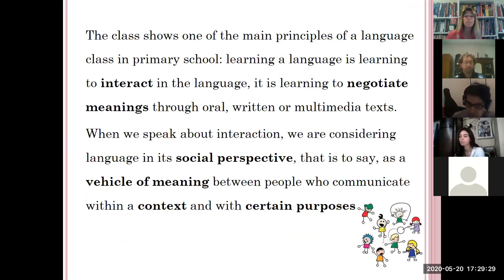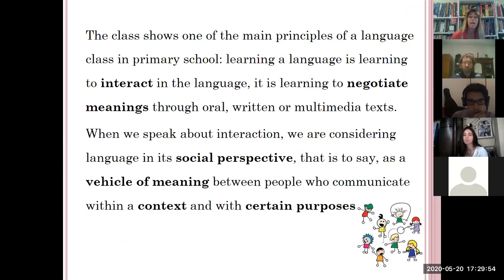Then, the class shows one of the main principles of language class in primary school. Learning a language is learning to interact in the language. It is learning to negotiate meaning through oral, written, and multimedia texts. All right? When we speak about interaction, we are considering language in its social perspective.